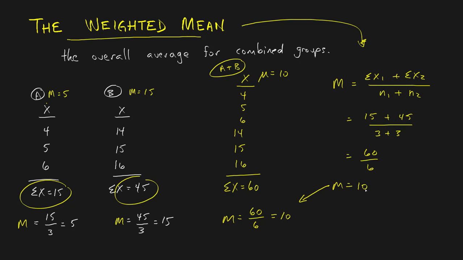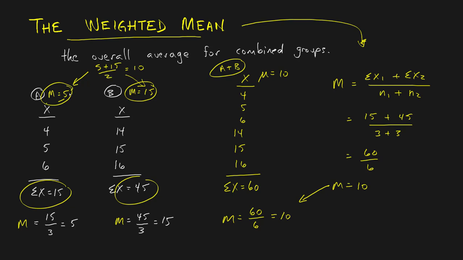Okay, another way we could have done this in this particular case was we could have taken the average of our 2 averages. The average of 5 and 15, if you do 5 plus 15 divided by 2, that also gives you 10. But this trick here, even though this was really fast, just take the average of the 2 averages, won't always work.